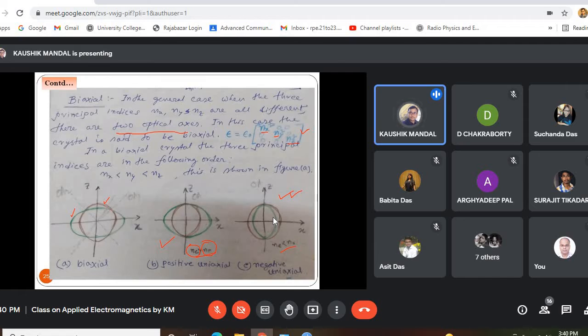Now, if you consider the crossover point between the two shells, there are total 4 crossover points. Now, if you draw the line that is passing through this crossover point and the center, you will get two optical axes. One is this one, another is this one. There will be two optical axes.